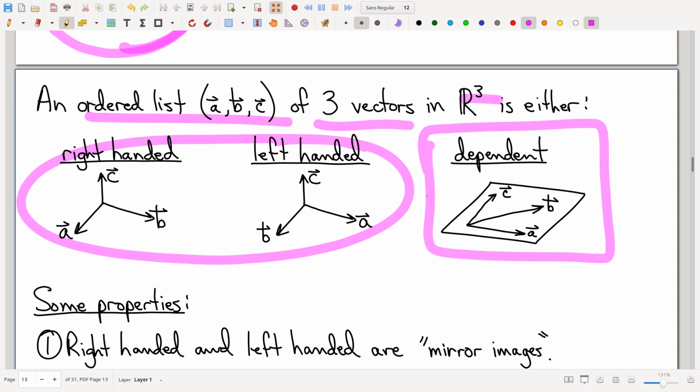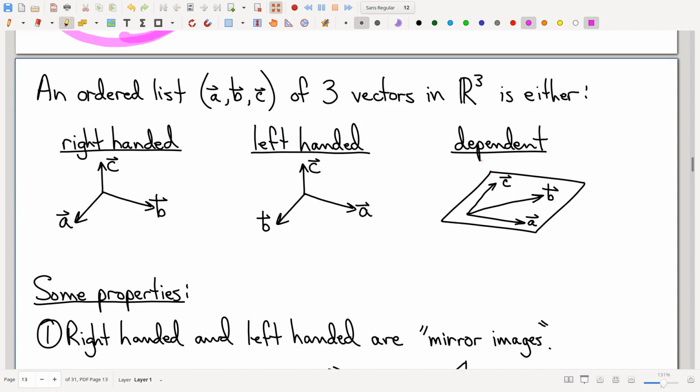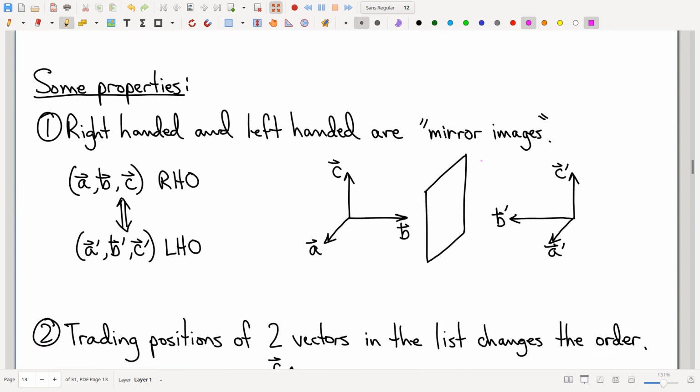Does that make sense? Okay. All right. It's got all the same properties that clockwise, counterclockwise. These are mirror images of each other. Right? A reflection of my right hand is my left hand. Just like clockwise, counterclockwise. Right?